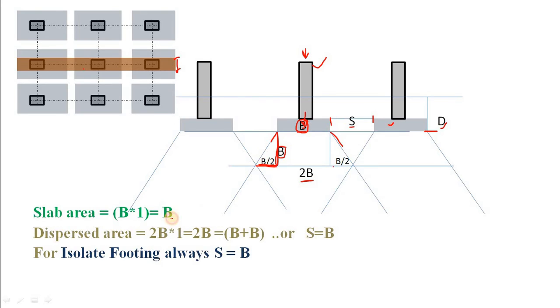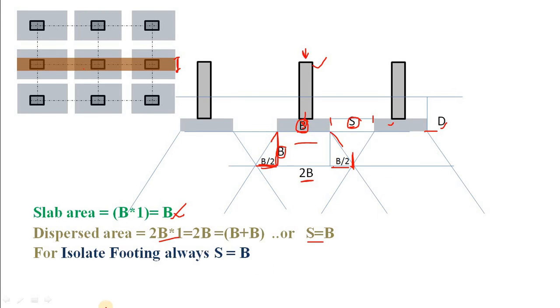So slab area is B into 1. Why? We have already considered unit width. So slab area is B into 1, or B, and required dispersed area is 2B into 1. Or you can say B plus B. Why? Because this is B, and this is B by 2, this is B by 2, or total B. Our spacing was S, so we can say also that this is S by 2, or our spacing between the slabs is equal to the width of our slab.